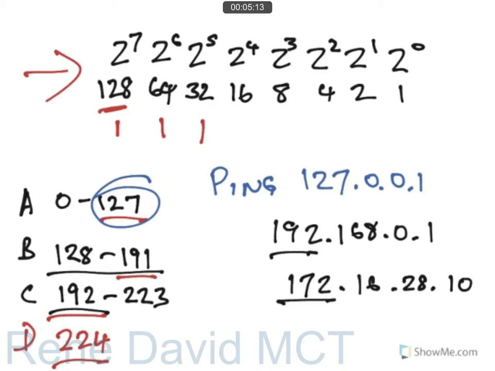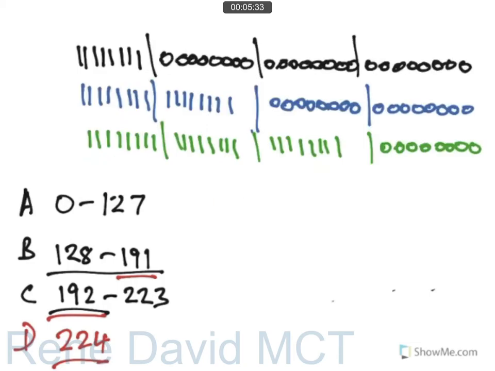So in the real world, we don't really use 127 in a Class A, even though it is a Class A address. Class A really goes from 0 to 126. Just remember, it does go up to 127, but we don't really use 127 because it's used for loopback testing.